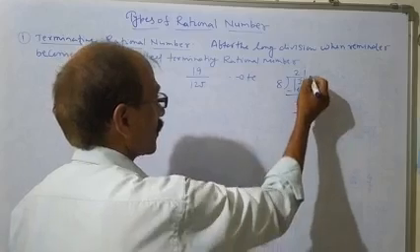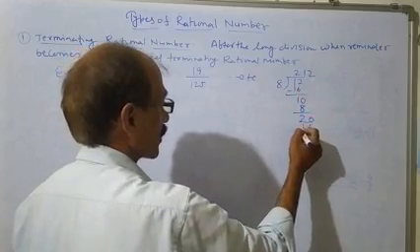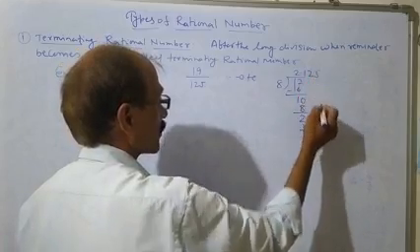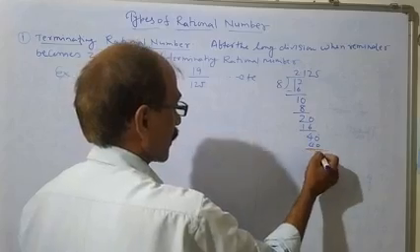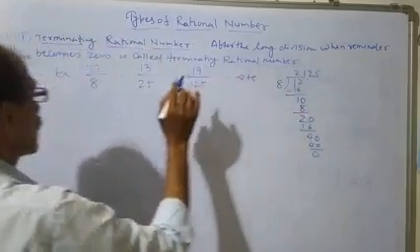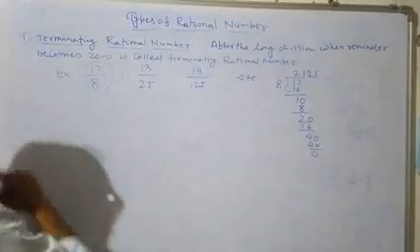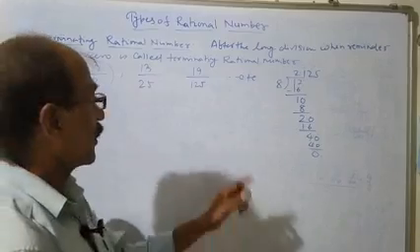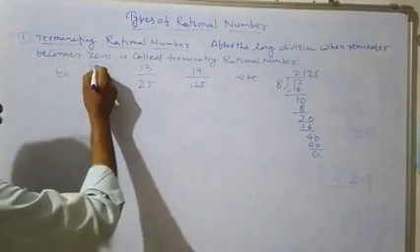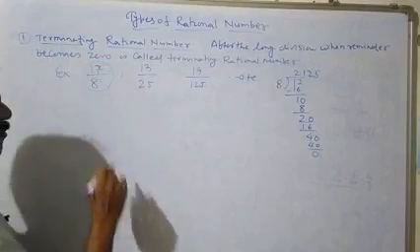Again placing 0. 8 2 ja 16. Here is the 4. Placing 0. 8 5 ja 40. The remainder will be 0. So it is the terminating rational number. Here the denominator is 8, the numerator is 17. These numbers are terminating rational numbers.